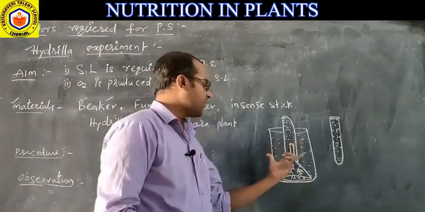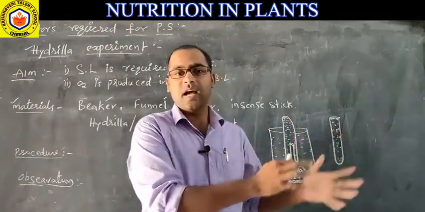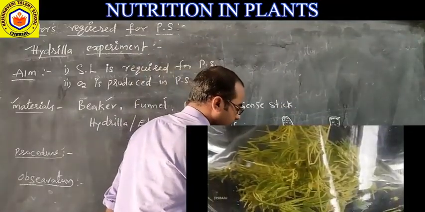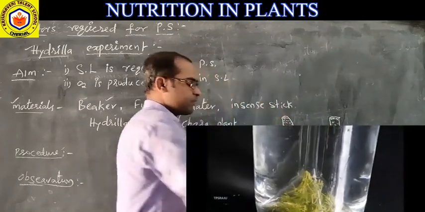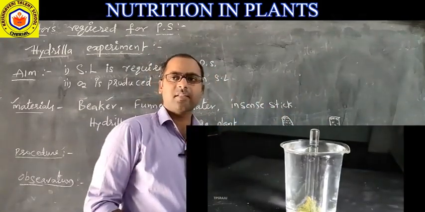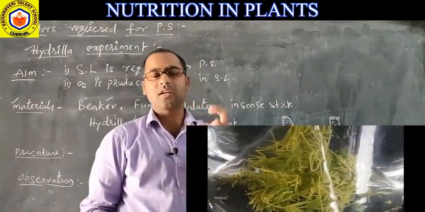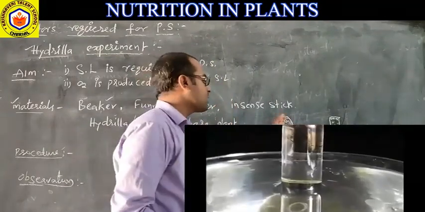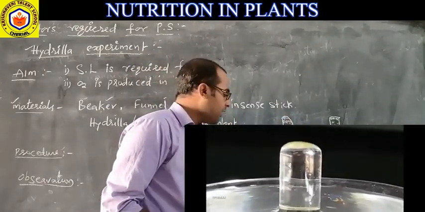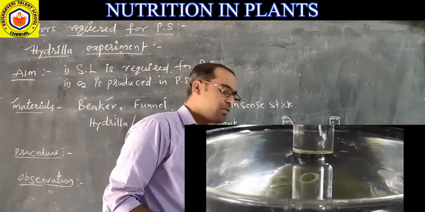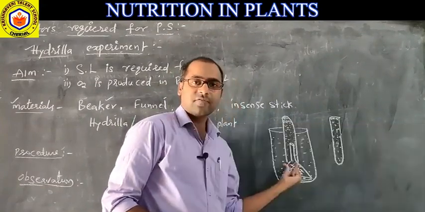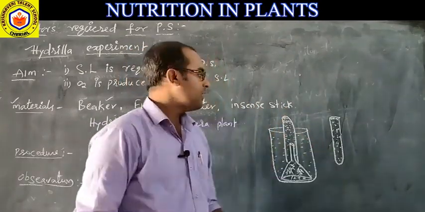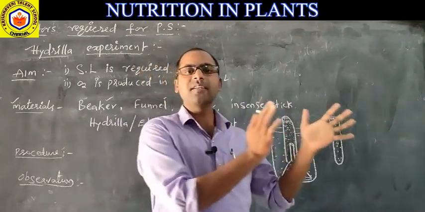After 2 to 3 hours, in the setup placed in the dark room, we cannot see any gas bubbles on the surface of the Cara plants or Hydrilla plants, at the end of the test tube, or inside the funnel. Now let us observe the setup placed in sunlight.